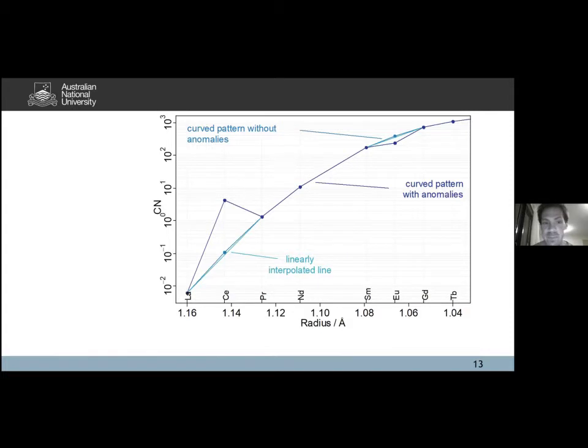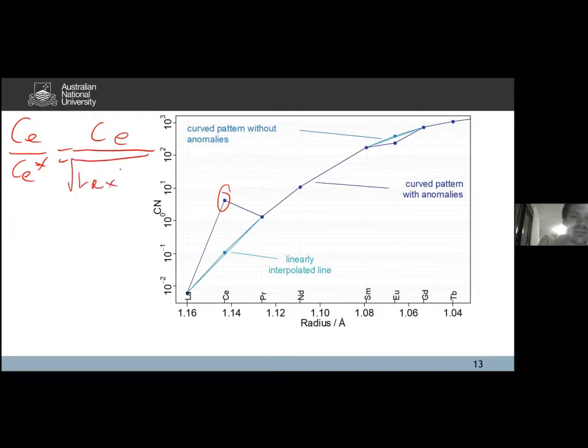And the traditional way to calculate anomalies, cerium and europium anomalies, is you calculate something that's called cerium divided by cerium star, which means your measured cerium, for example, this thing, divided by the square root of lanthanum and praseodymium.